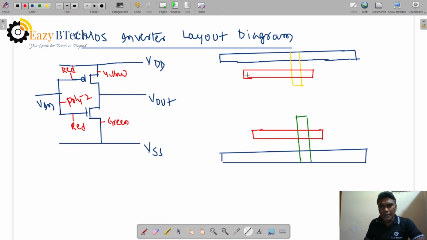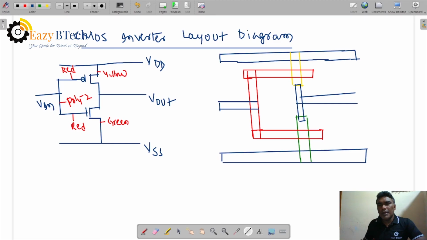I am representing from here to here the interconnection, right? And we have metal one. Here we can take input, and for interconnection from here to here we can also use metal one, and the output is also metal one, right?